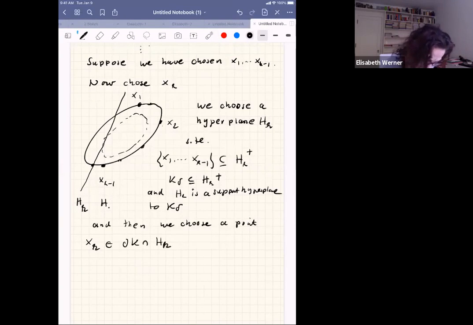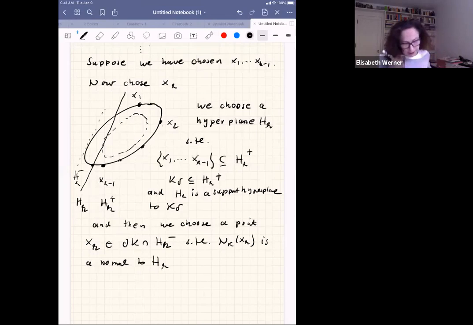So here we have Hk plus, and here we have Hk minus, such that the normal in xk is a normal to Hk. In other words, we look at the parallel hyperplane to Hk that supports the convex body K, and then we'll pick a point xk that sits on the boundary of K and on the support hyperplane.